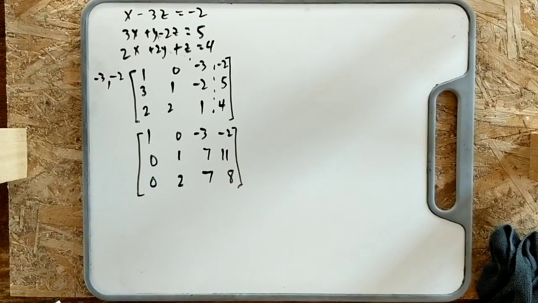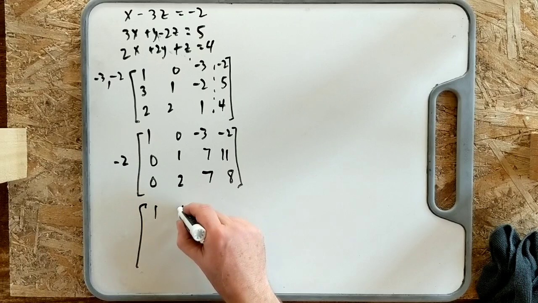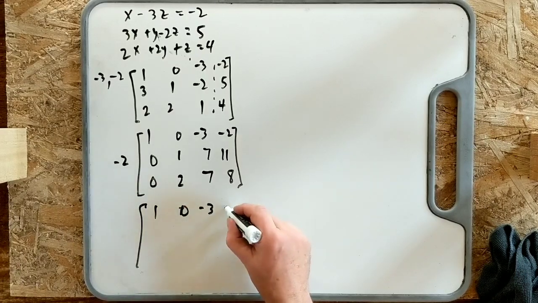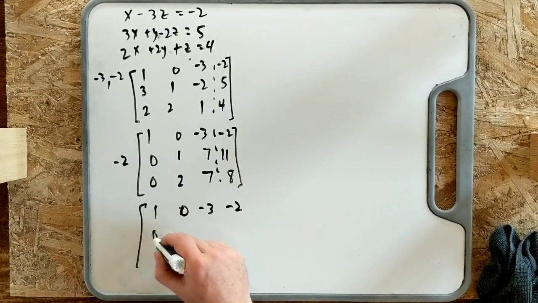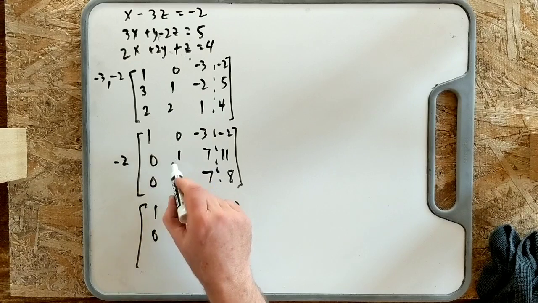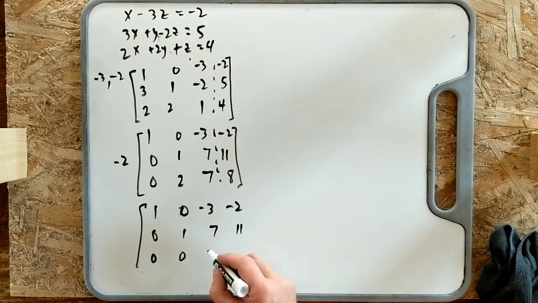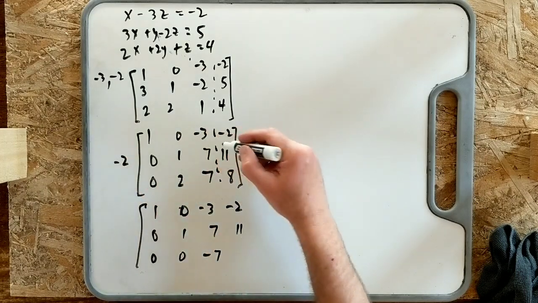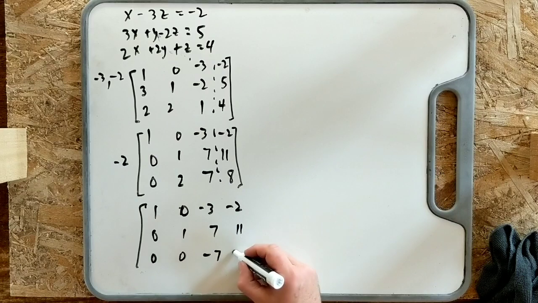So now I'm going to multiply this top one by -2 and get rid of that 2. 1, 0, -3. Oops. -2. I'm going to leave the 0, 1, 7. I like the 1 there for one thing. Then I go -2 times 1 is -2 plus 2 is 0, 0. -14 plus 7 is -7. -22 plus 8 is -14.